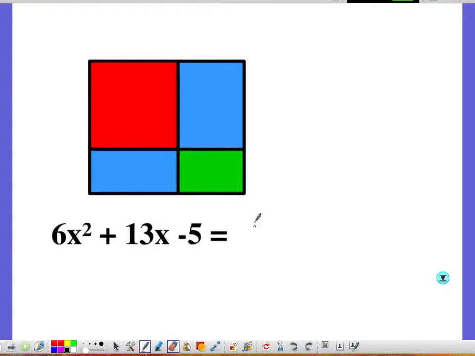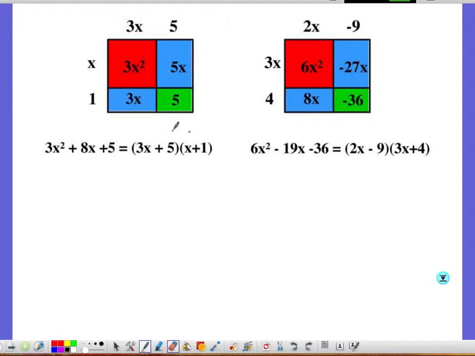How am I going to find what goes inside those parentheses? Well, we can go ahead and take a look at the previous two problems that we just did.